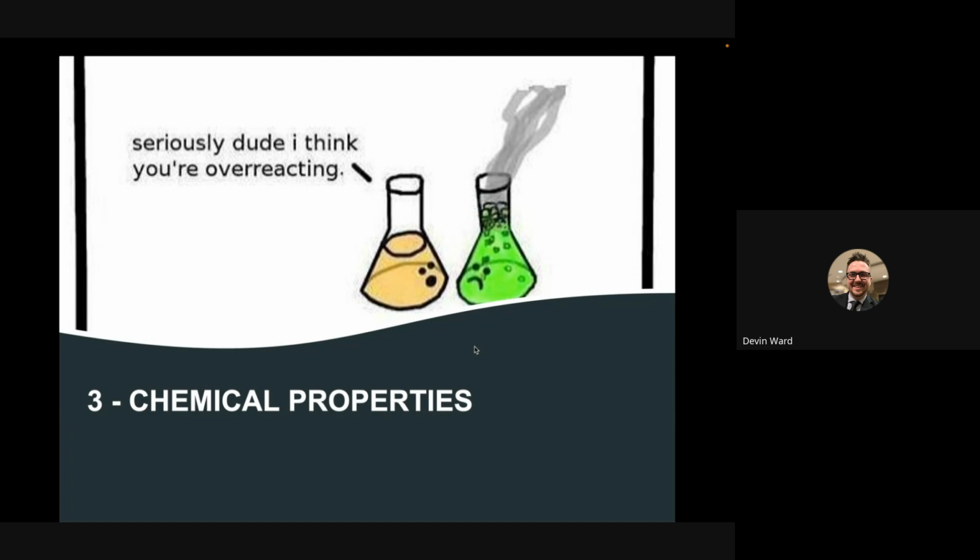So magnesium has the chemical property of reacting with acids. It will react with acids to make something new. So whenever we have a chemical property, we're making something new. Here we had iron and oxygen, and we make iron oxide. Here we have magnesium and hydrochloric acid. We're making magnesium chloride and hydrogen gas.